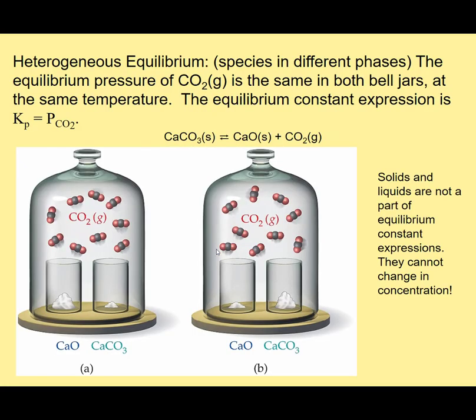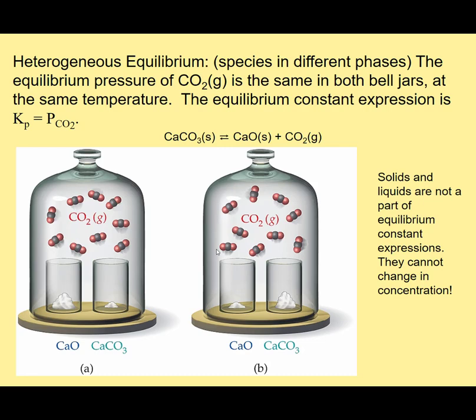Here's another example of heterogeneous equilibrium. Again, my species will be at different phases. This is a reaction where I have a solid that decomposes into another solid and releases a gas, CO2. In situation A and situation B, you can see that I start off with different amounts of solids.